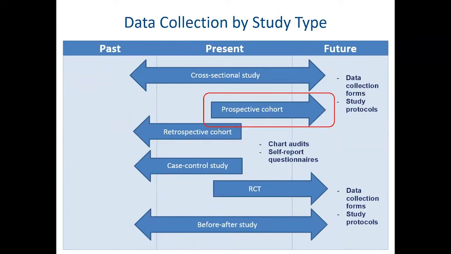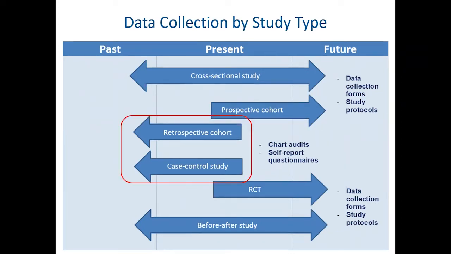Cohorts can either be prospective, meaning the data is collected moving forward in time, or retrospective, meaning the data is collected from previous documentation or by asking questions about what happened already. So in retrospective studies, like those circled here, you're really reliant on chart audits and self-report questionnaires from people. So there's lots of opportunity for missing data points or issues with what's called recall, so being able to remember what happened accurately.